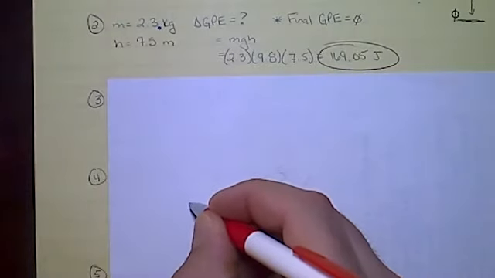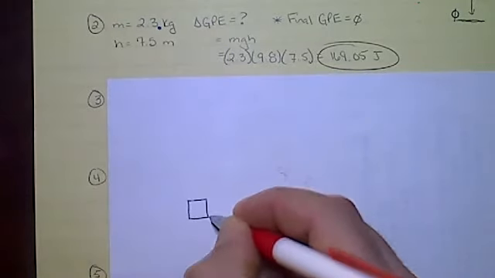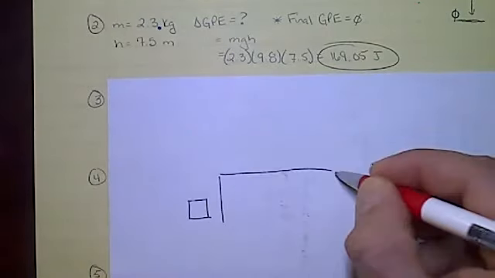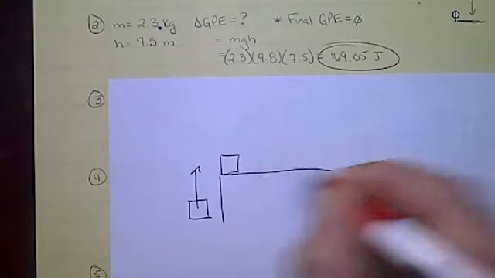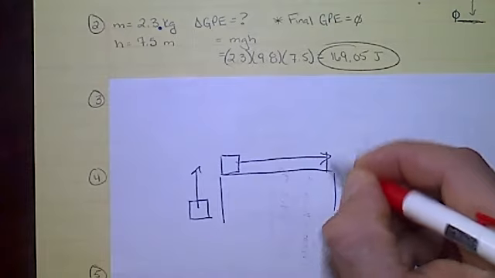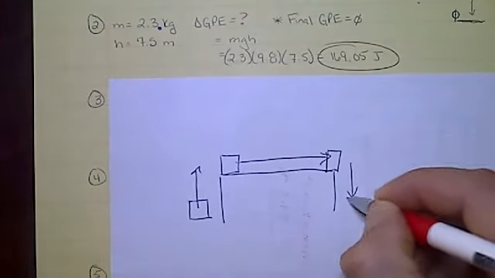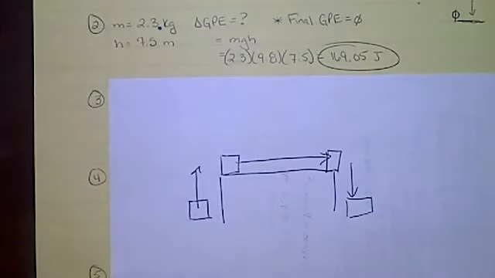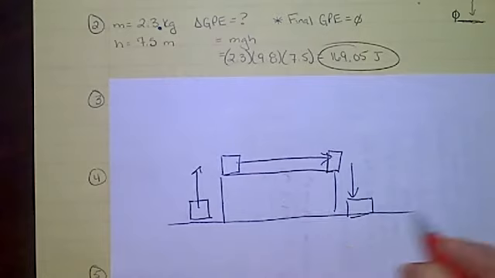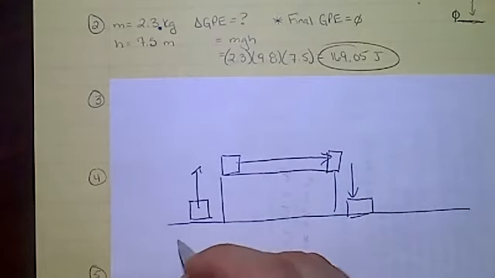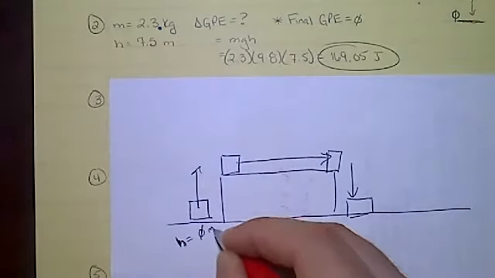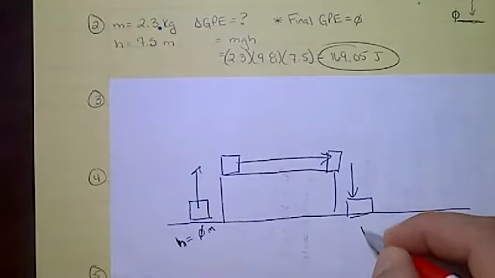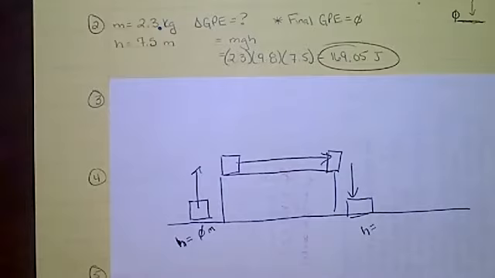Here is the box. Here is our table. The box comes up, it's placed on the table, it then moves across, and then comes back down. So, relative to the ground, what is the box's initial height? Correct, 0 meters. Relative to the ground, what is its final height?